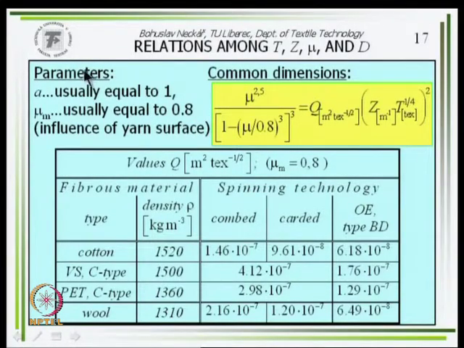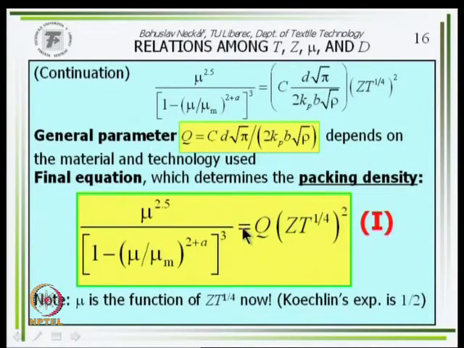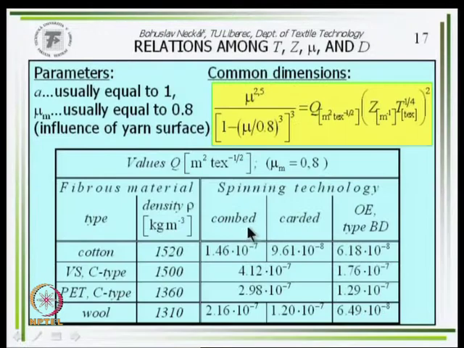Well, using this equation in common physical dimensions, we can write it in such form. Now here are dimensions which I can recommend for practical application. What is the value Q? As I said, it is a material parameter.